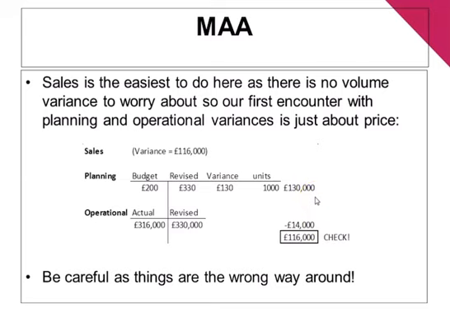We've done well against what we thought we were going to do and against our new revised. So we haven't really lost that much in terms of what we thought we could have sold it at. We very nearly did. And like it says, be careful, as things are the wrong way around. Just be careful with that budget versus revised. And we'll go through and do that. And then there you go, there's your two variances. Adding back to your overall variance, you have a check. Brilliant.